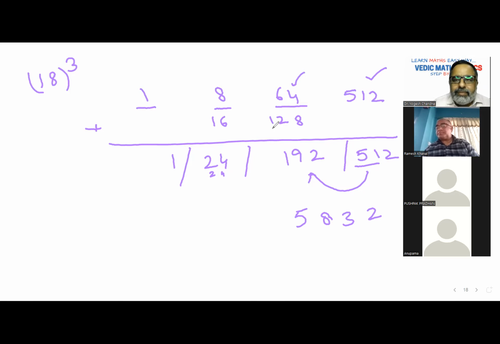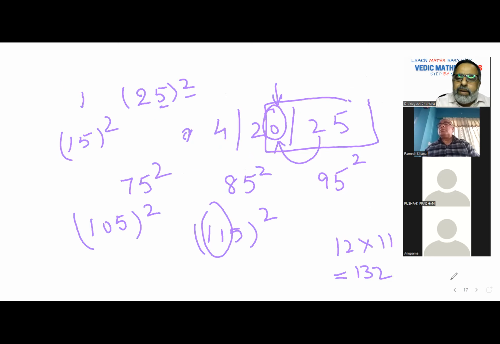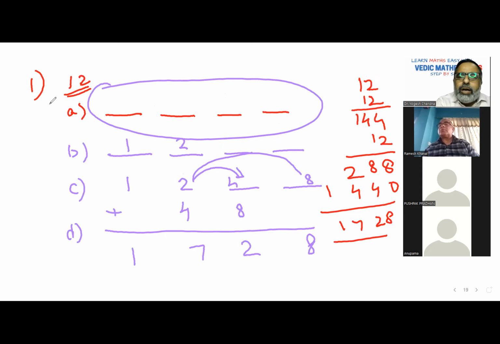Once more, sir. Which question? Tell me any number. This one, once more, this 18 cube. Okay. First I wrote A. A is 1. B is 8. What is the square of B? See this step. First 4 spaces, then first position 1, second position 8.